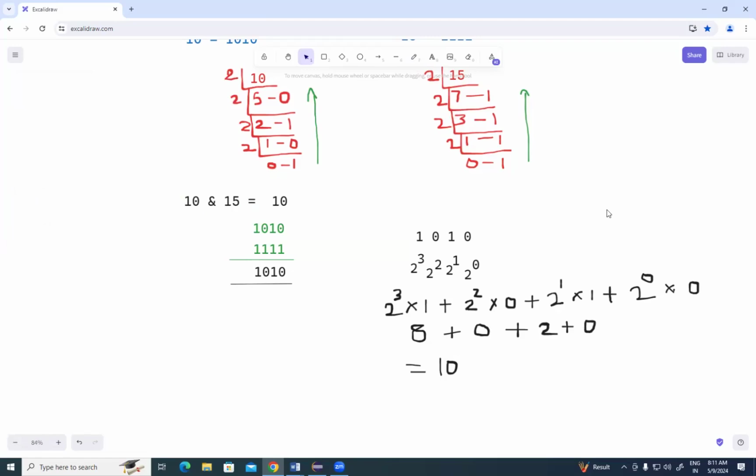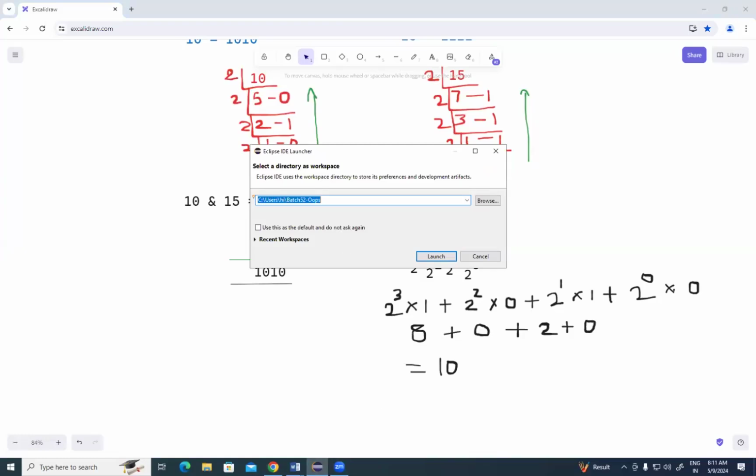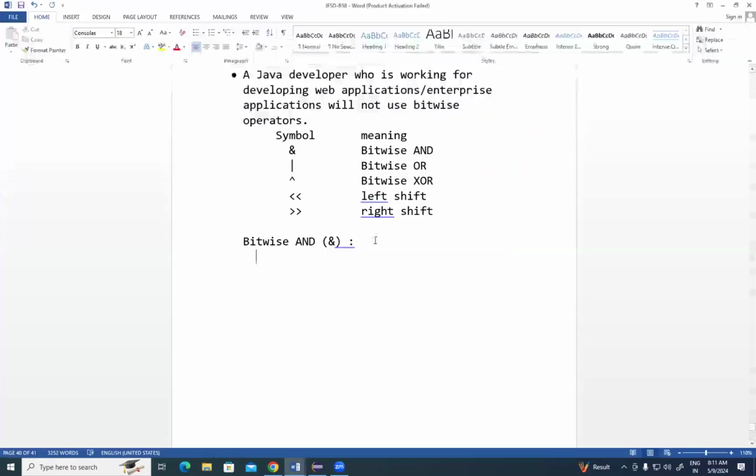Bitwise AND operator. Very good. So far, am I clear? Everyone, have you got this answer, folks? Discussion, folks. I'll include this into our document. But first, tell me what's the point to write here? What's the point I want on bitwise AND?